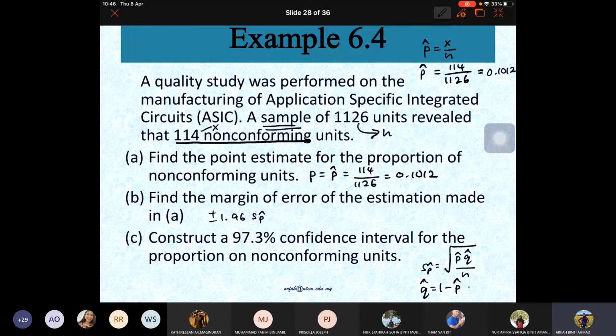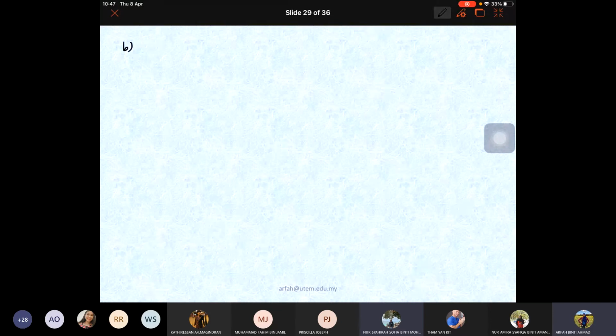Dana? Ya, berapa jawapan? Yang SP tu berapa? 0.008. Betul? Betul. 8987, dapat. Okay. So yang lain dapat? So jawapan akhir margin of error, berapa tengah kira?